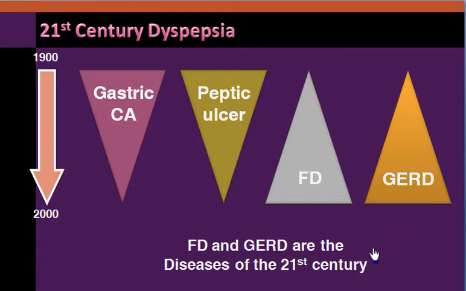Functional dyspepsia and GERD are now called the diseases of the 21st century or the diseases of the modern man. So, let us now see about functional dyspepsia in this CME. GERD, of course, is out of scope of this CME.